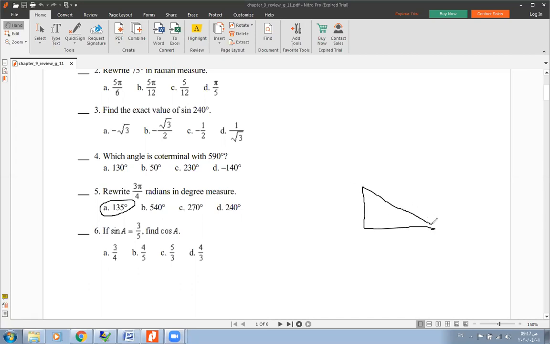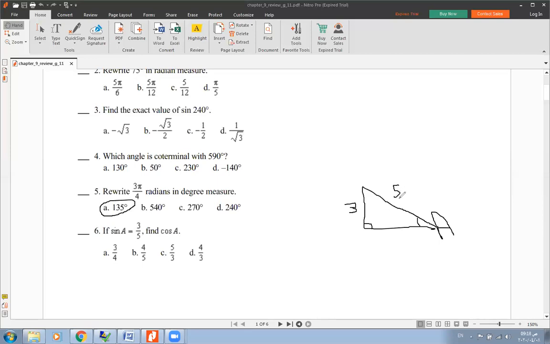Excellent, Khalid. So we have a right angle triangle, and this is angle A. He gives hypotenuse 5. Sine is opposite over hypotenuse, so this is 3 and this is 5.